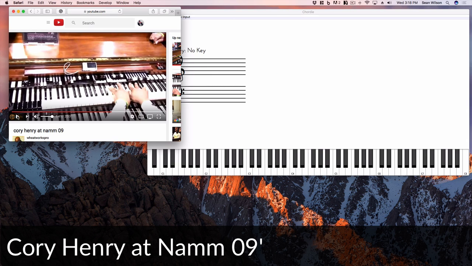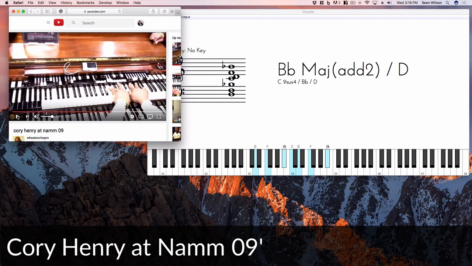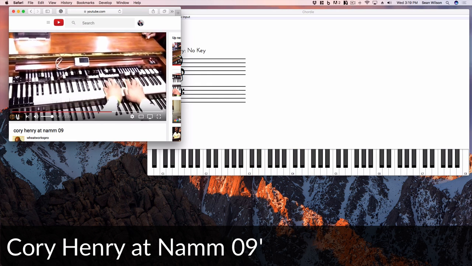So yeah, this one's just walking down. This part here is pretty simple, right? Diminished here, there, and then it sounds like he's about to change this.